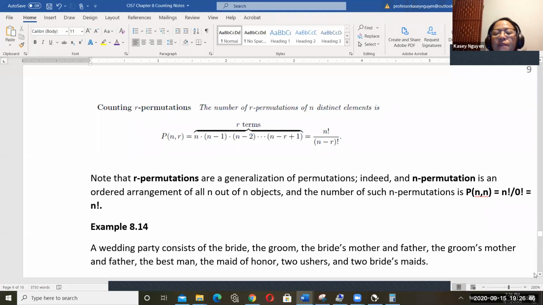So I'm going to finish with this part because we will pick it up next week starting from this formula. Okay.